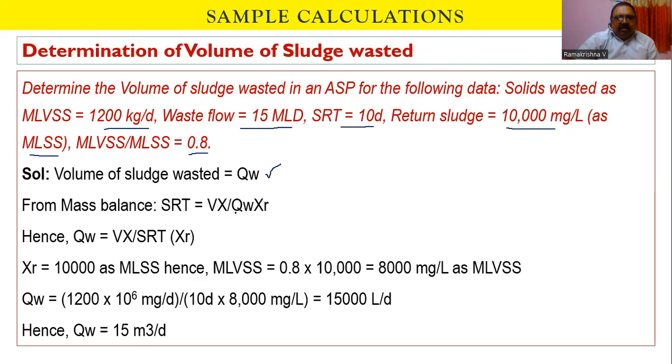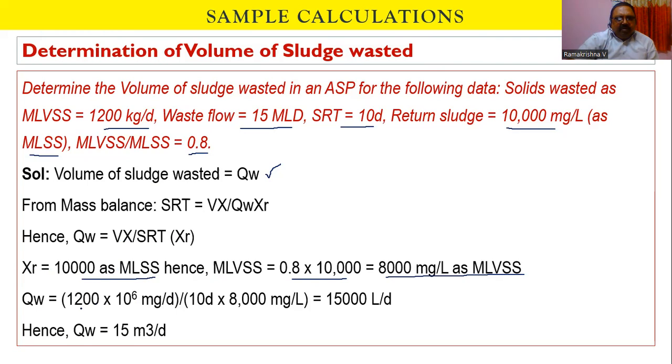So SRT is equal to Px by Qw Xr, and Qw is equal to Px by SRT into Xr. So here Xr is equal to 10,000 milligram per liter as MLSS, but it should be converted into MLVSS because solids wasted is given as MLVSS. So this is equal to 80% of this, 8,000 milligram per liter as MLVSS.